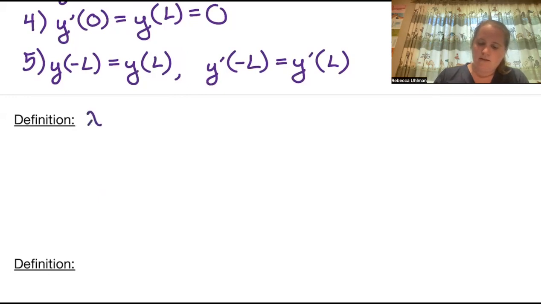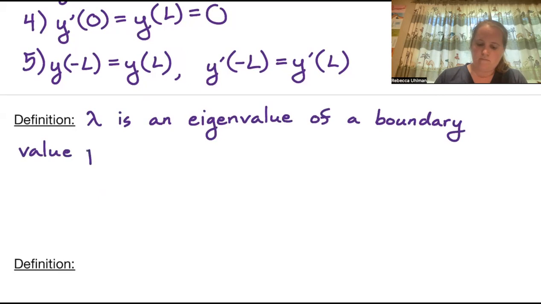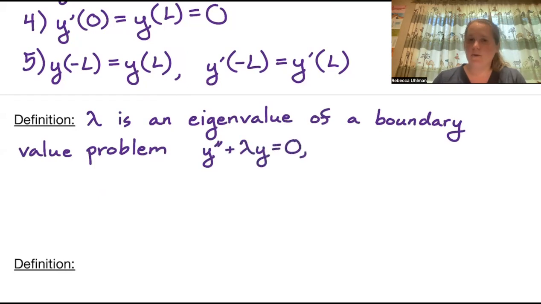Lambda is an eigenvalue of a boundary value problem. Again, we'll focus on y double prime plus lambda y equals 0 with whatever boundary conditions.